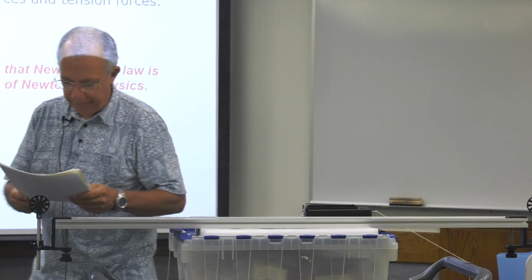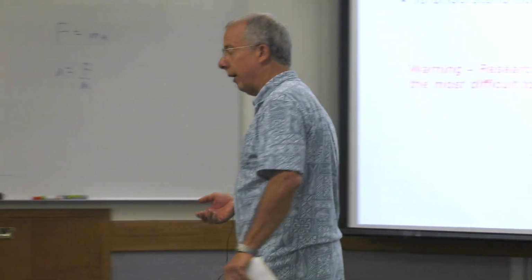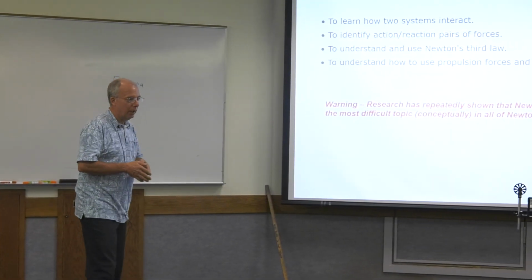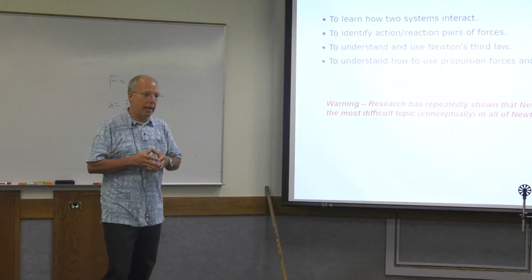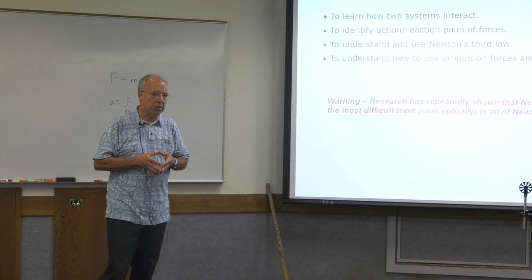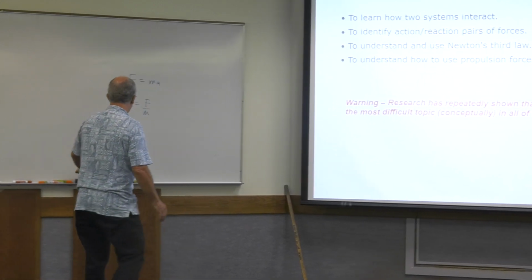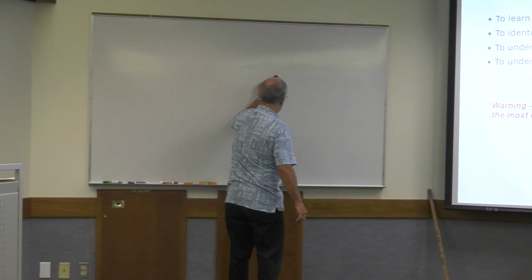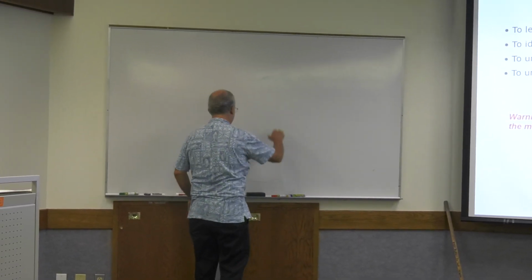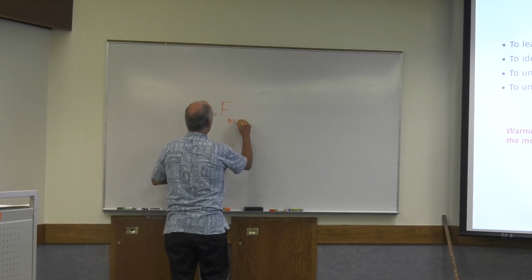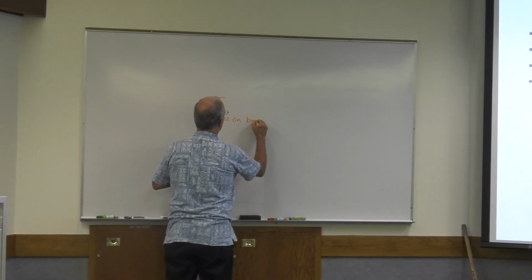Okay, so what are we saying? We said that force is interaction between two or more objects. What we're seeing now is that forces always come in pairs. So here, there's a force, me on whiteboard.